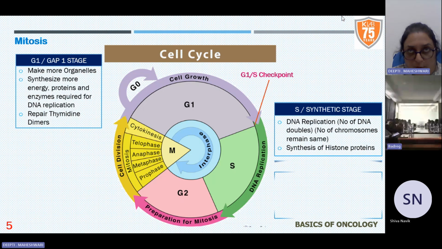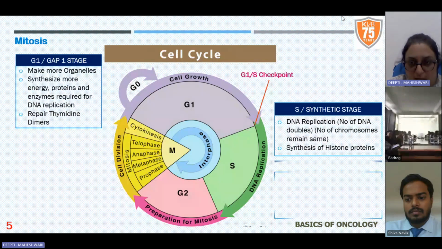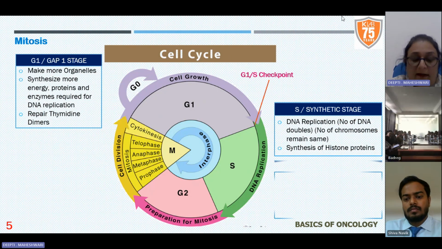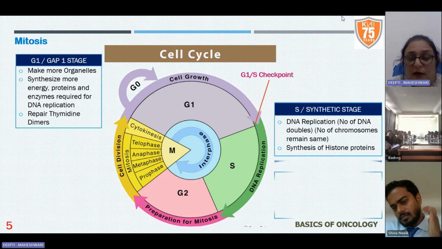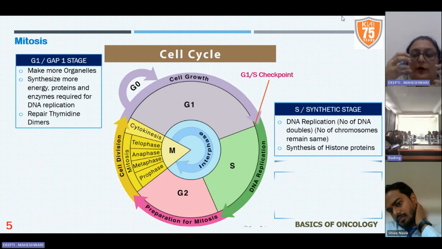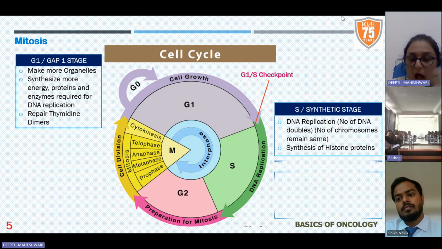I'm sure all of you know that DNA is helically shaped, right? And each chromosome contains one DNA, and DNA is also quite long, so it has to adjust and come within the chromosomes. So how does this happen? With the help of these histone proteins.